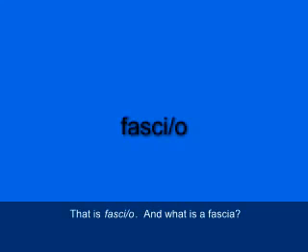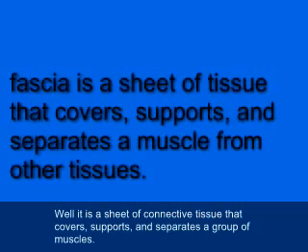Well, what is the word part that refers to fascia? Well, that's fascio. And what is a fascia? Well, it's a sheet of connective tissue that covers, supports, separates, or groups of muscles.